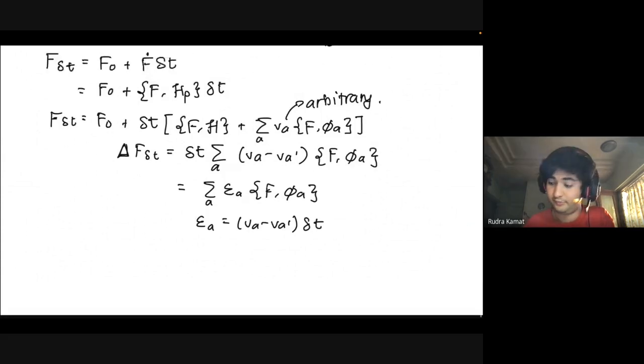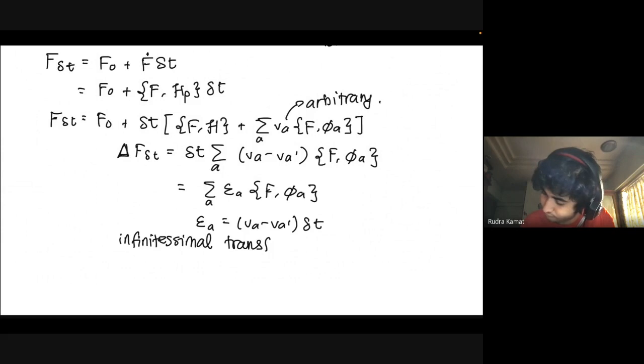If you recall infinitesimal transformations of Hamiltonian or Lagrangian mechanics, this kind of has a similar form.